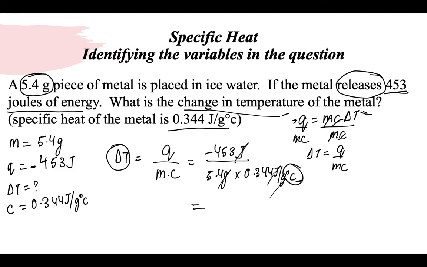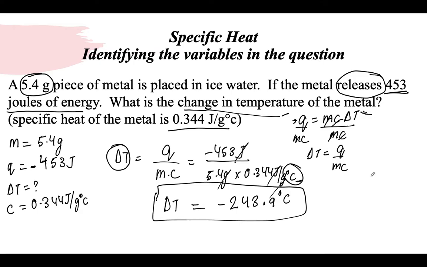Okay? All right, next is just plug and chug. Okay, you have 453 negative, of course. Divide that by 5.4 and divide that by 0.344 and you end up with negative 243.9 degrees Celsius, which means that the initial temperature of the metal is way higher than the final temperature of the metal.